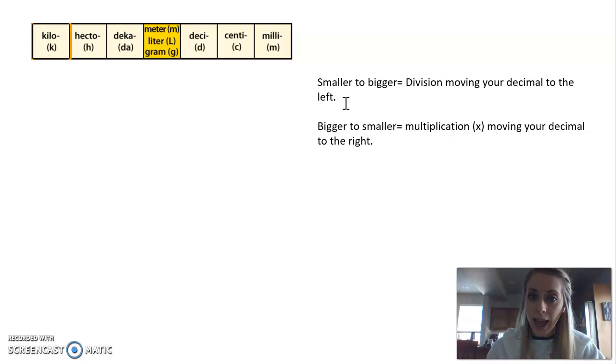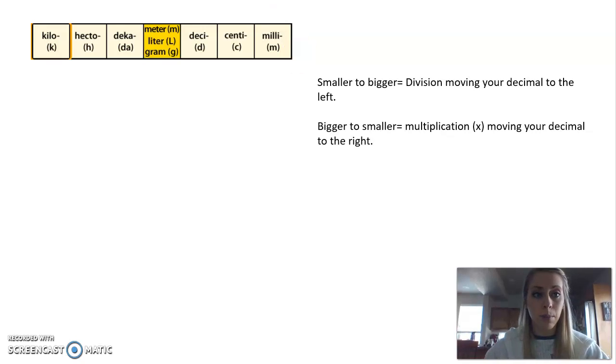Today, all you will have to be doing is moving your decimal point, and we know how to do that. We've done that many times in other lessons. Also, don't forget, when we're moving from a bigger unit to a smaller unit, you're always using multiplication. In that case, you're going to be moving your decimal to the right, okay?